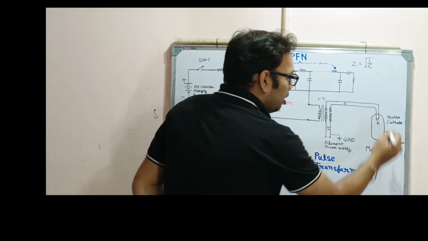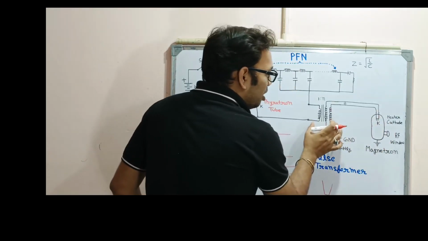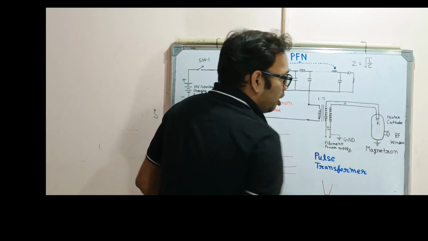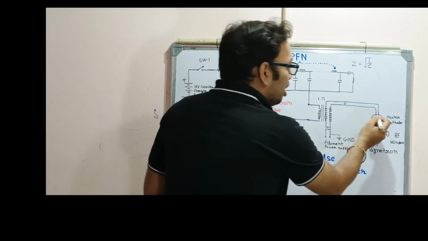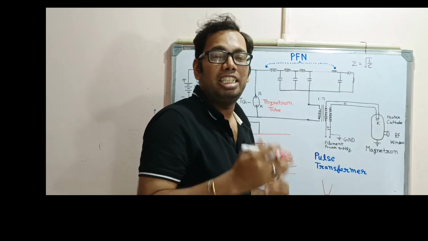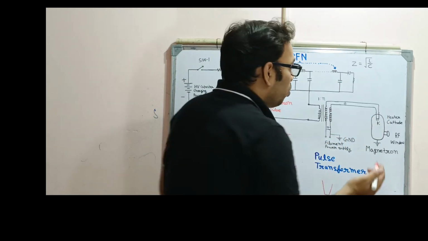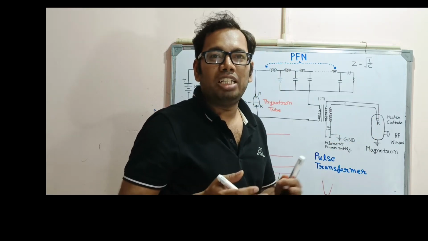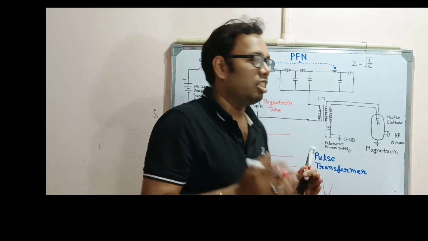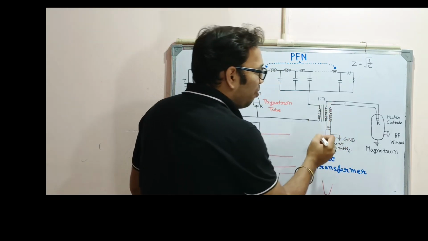And that magnetron has a heater also. The heater is floating at the cathode potential, the same high voltage potential. So we cannot give the heater voltage directly from outside if we want to make the system compact. That's why we use the bifilar transformer.